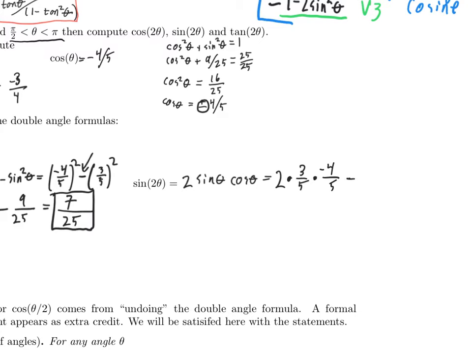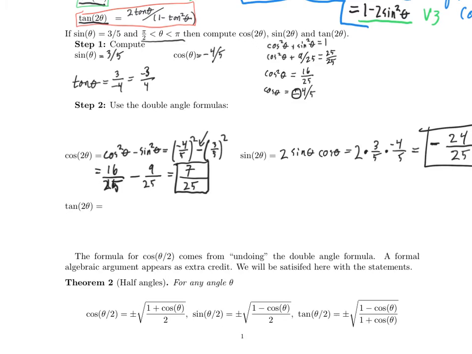Those are all multiplied together. So the whole thing will wind up being negative. Positive times negative will be negative. The denominator is 5 times 5 is 25. The numerator is 2 times 3 is 6, times 4 is 24. Nice.